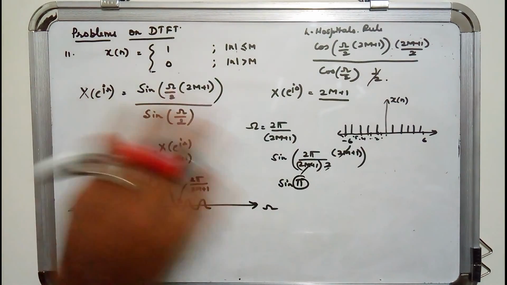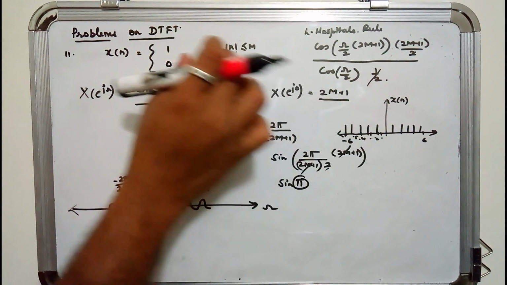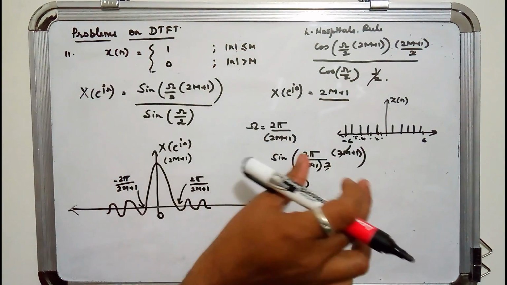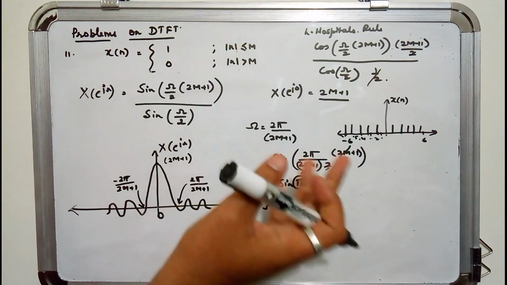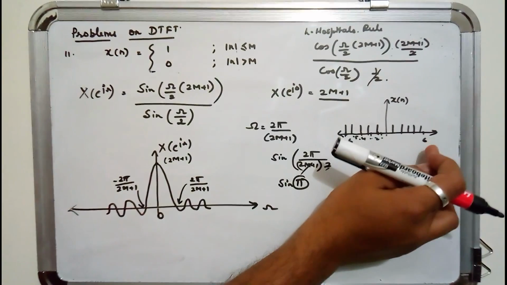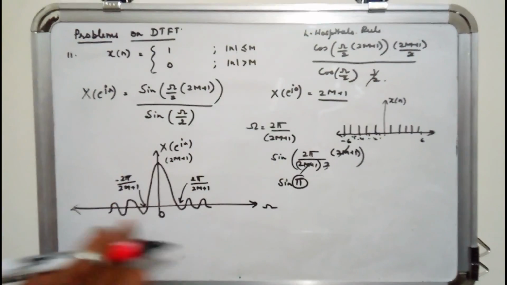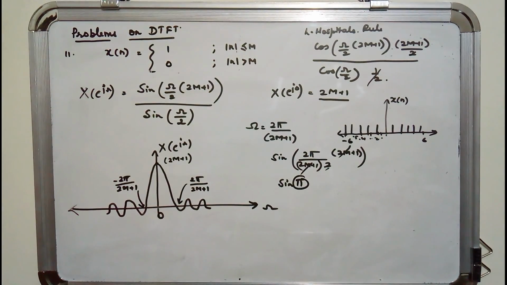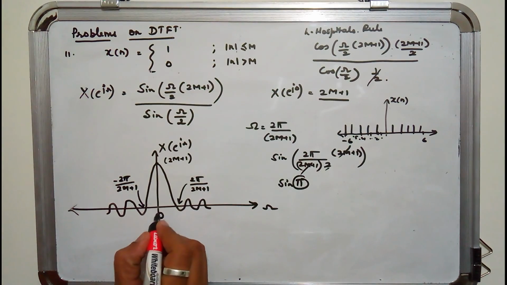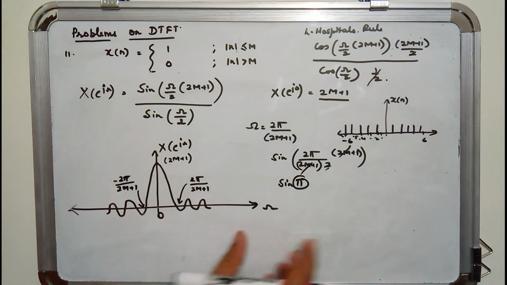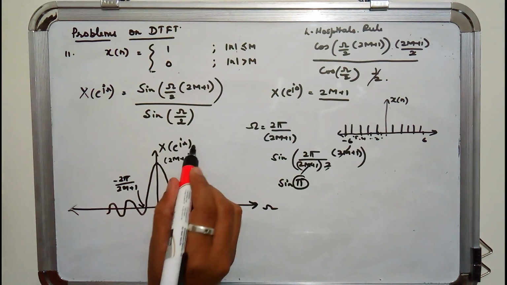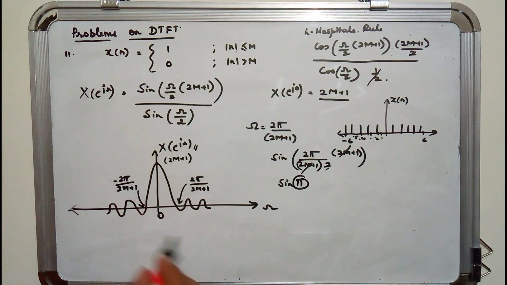So this is a general problem which I have solved, for a signal which exists from minus M to plus M. The M value may be specified. I have taken a case wherein it was 6, it may be 7 or 8, and appropriately the value will change here. Now this sinc pulse starts at 0, and it will repeat itself because DTFT is periodic with period 2 pi.